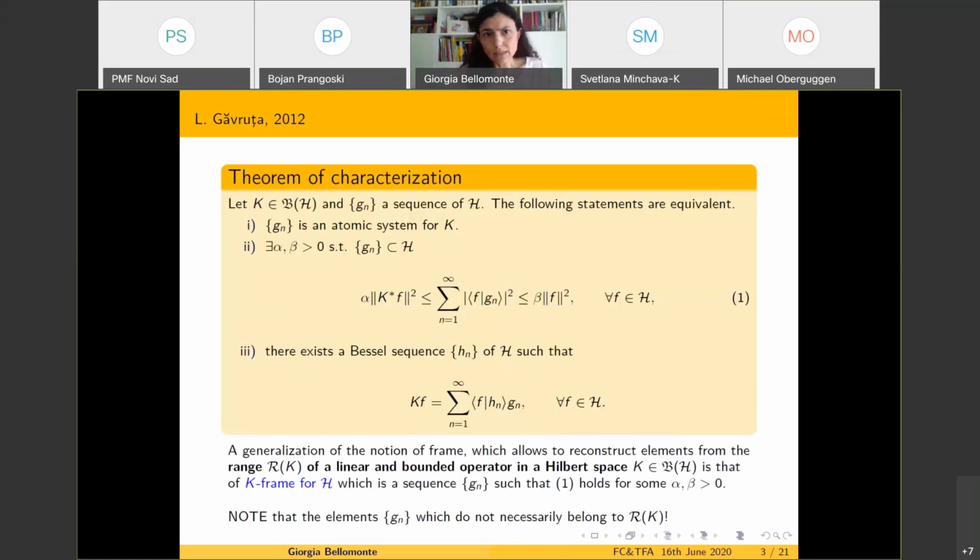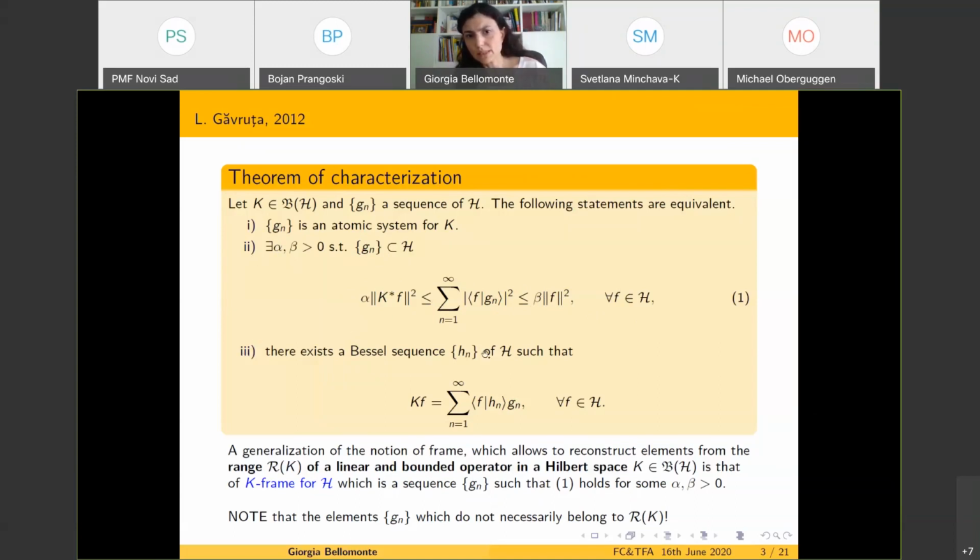She proved a characterization for the atomic system for a bounded operator because she proved that if we have an atomic system for a bounded operator K, then it is equivalent to having what she called a K-frame for H. There exist two positive constants, alpha and beta, such that this double inequality holds true for every f in H, and both condition 1 and condition 2 are equivalent to the third one.